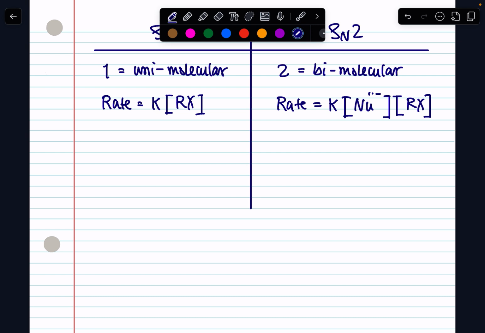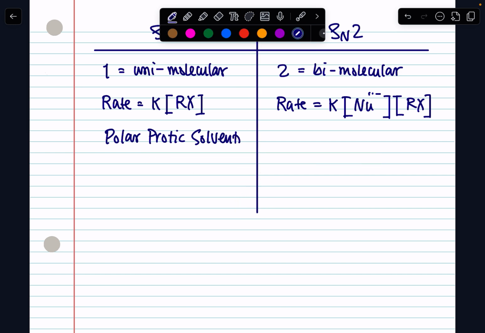SN1 reactions are favored in what we call polar protic solvents. So they like polar protic solvents. This is despite the fact that SN2 reactions like polar aprotic solvents.